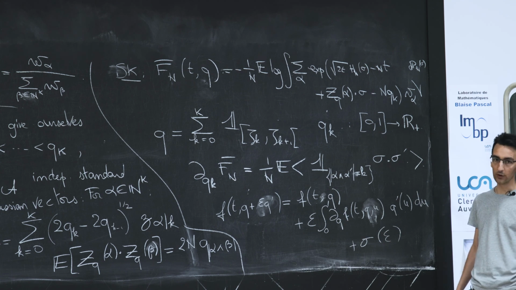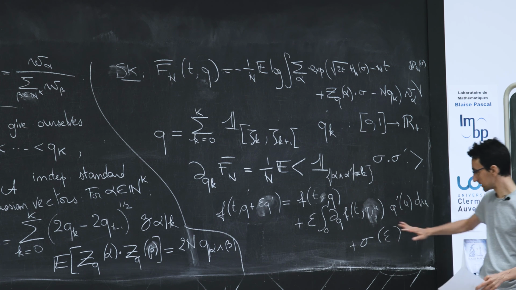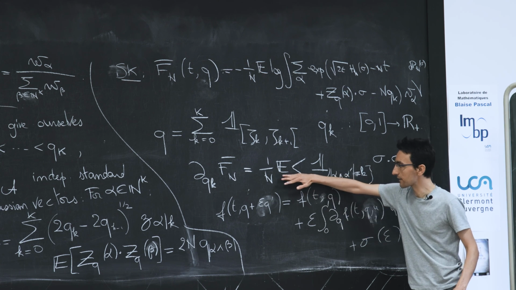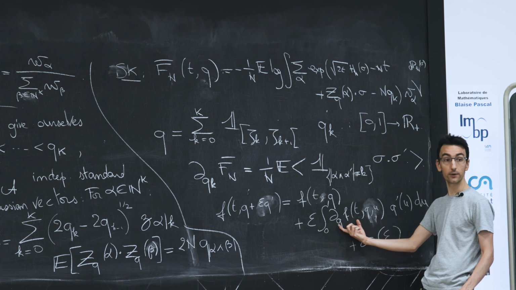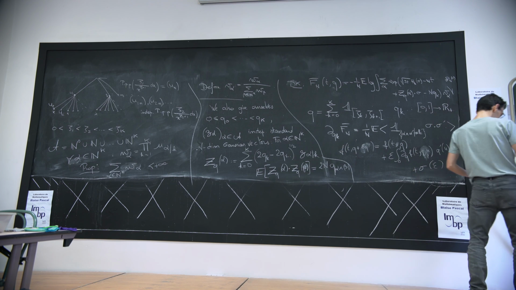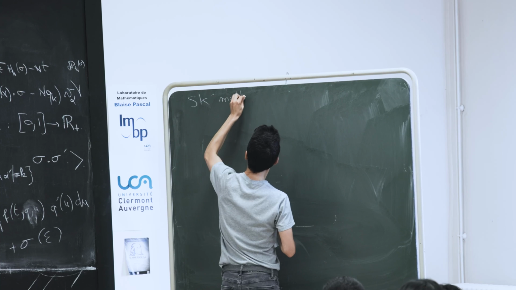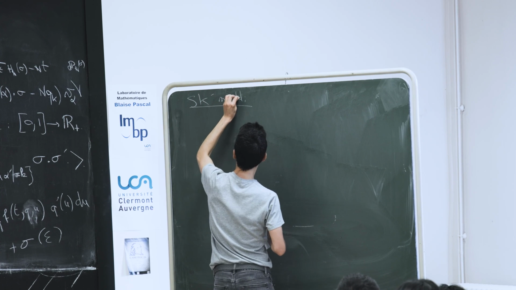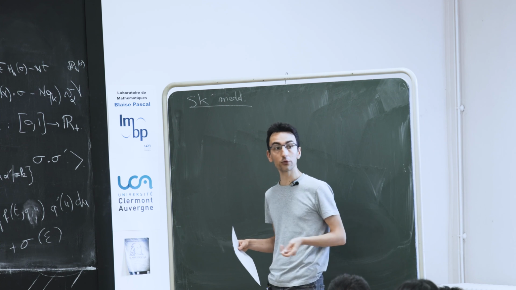Okay, so again, I'm going a bit quickly because my time is running short. But the claim is that once I have this, I'm going to try to move to expressions that are written in terms of this derivative with respect to the path. And what you find if you do this for the SK model again is an improved version of this variance error term.